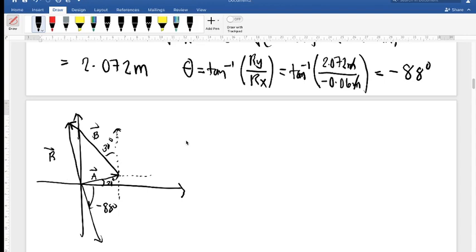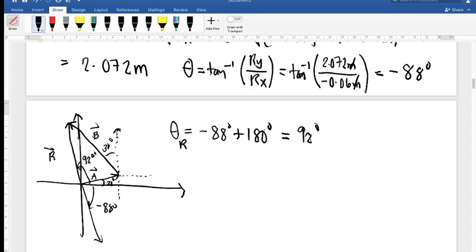So what you're going to do, you have to report an answer of your theta R by adding 180 degrees. So we have negative 88 degrees plus 180 degrees. So that is equal to, how much is that? Okay, so that is 92 degrees. So meaning that your angle must be 92 degrees and that is in quadrant 2.